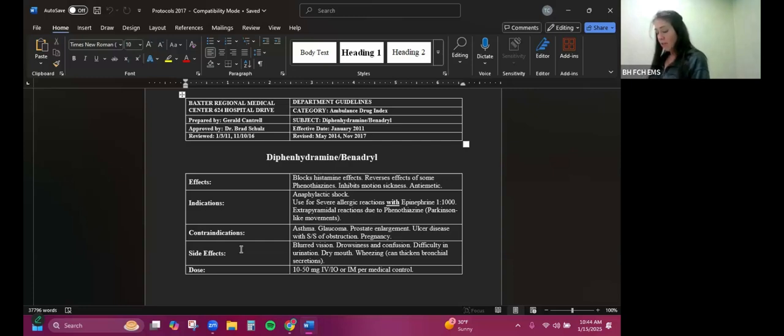With your dosage on your diphenhydramine, you want to give 10 to 50 milligrams IV or IO or IM per medical control. Now, I'm not sure with these protocols if that means anytime, which I need to find out. Does that mean we have to call medical control anytime we give Benadryl, or only if we're doing it other than IV?